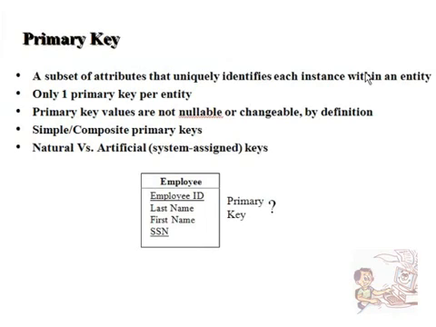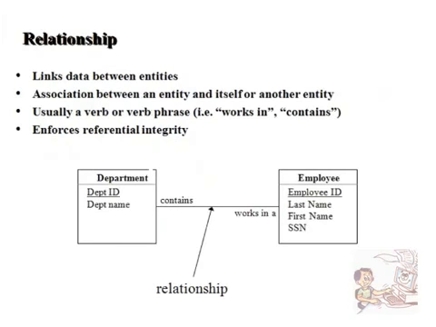So the next part is relationship. What is a relationship? Basically, it is how both entities are linked in your logical data model. Relationships are specified using a straight line. You see this line here, right?